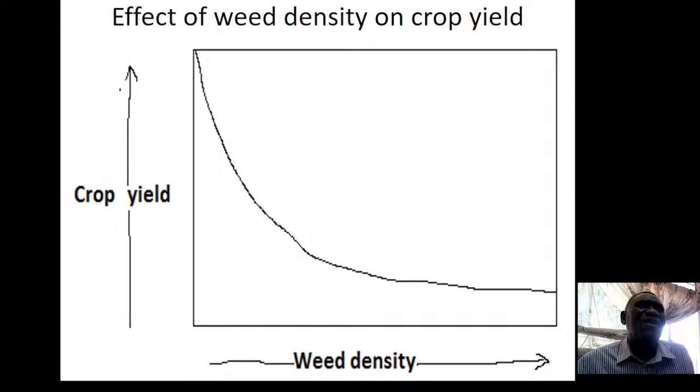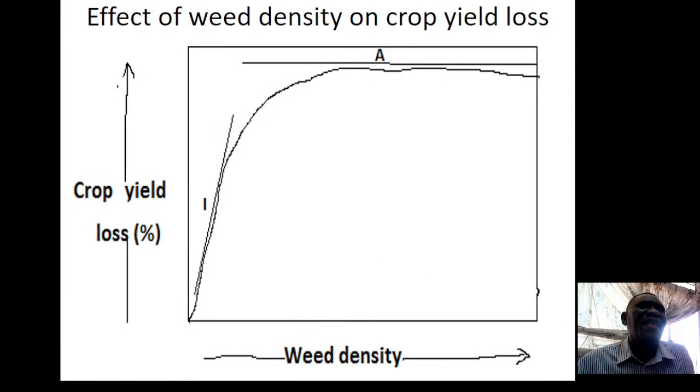This is according to Cousens, where you have a rectangular hyperbola. If you draw crop yield loss versus weed density, we can identify A and I parameters.